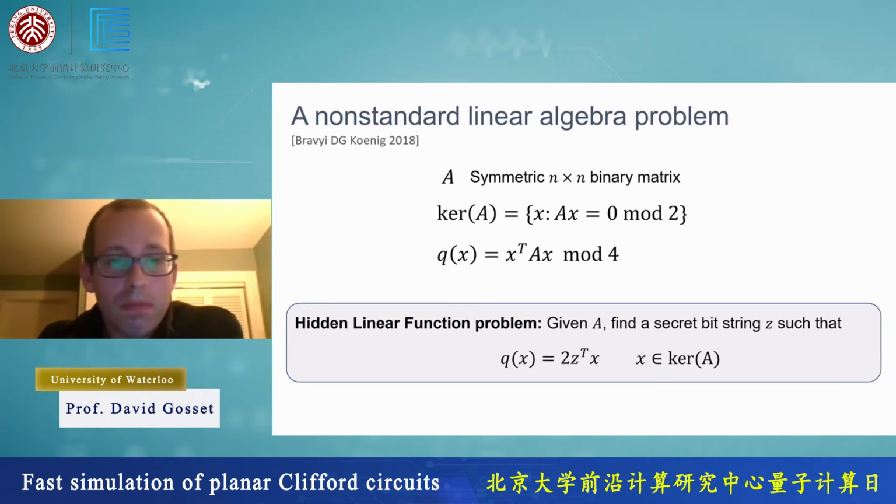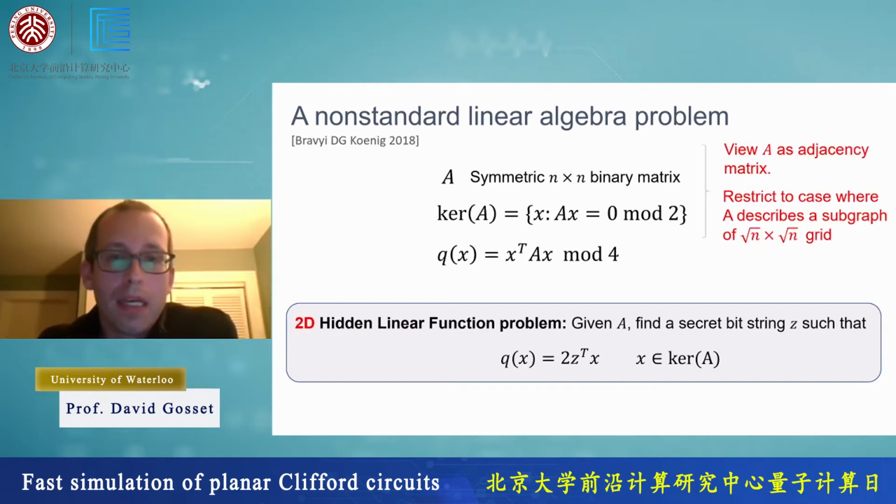Now, this hidden linear function problem can be solved in polynomial time on a classical computer, but for our purposes, we want to solve it in constant depth on a quantum computer. To do that, we restrict our attention to a subset of instances which have a certain two-dimensional structure, which we call the 2D hidden linear function problem.